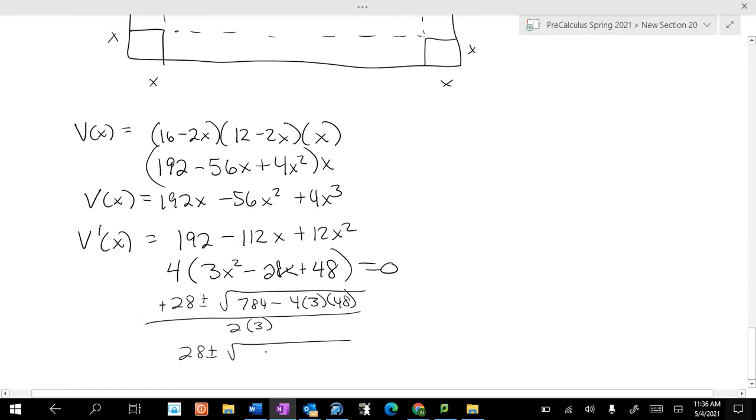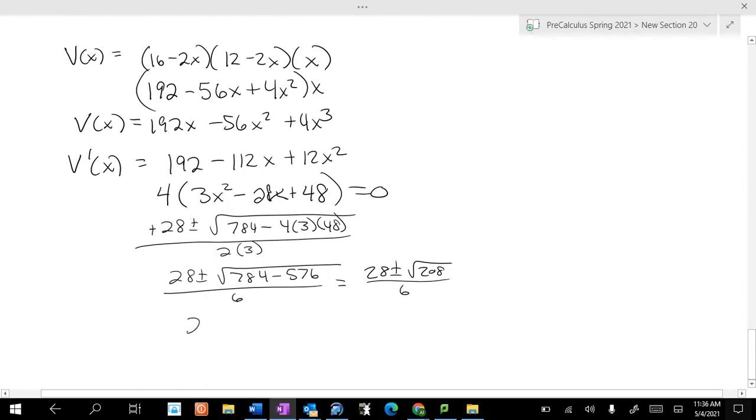Negative 576. Ooh, is this a negative number? No, just wait. Let me do it. It's 208. So it's 784 minus 576, right? So it's 28 plus or minus the square root of 208 over 6.